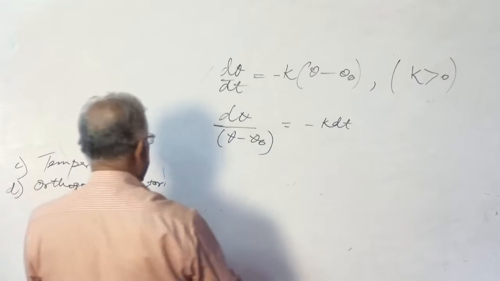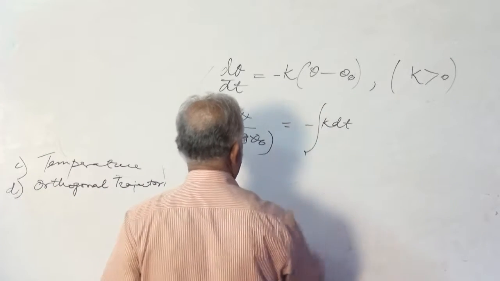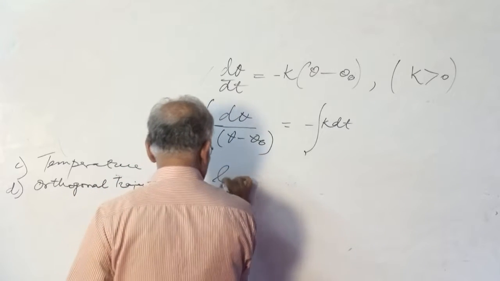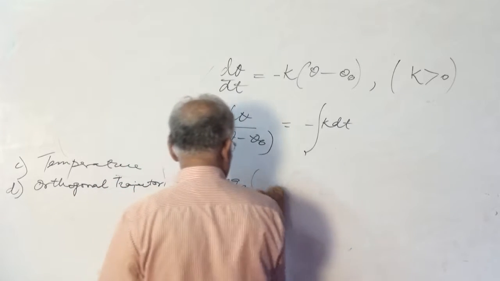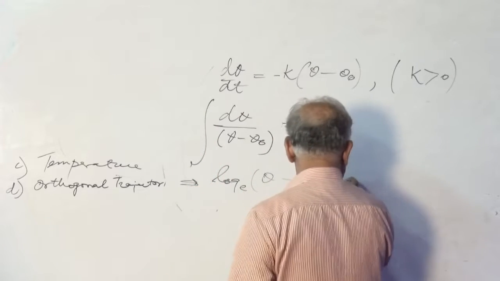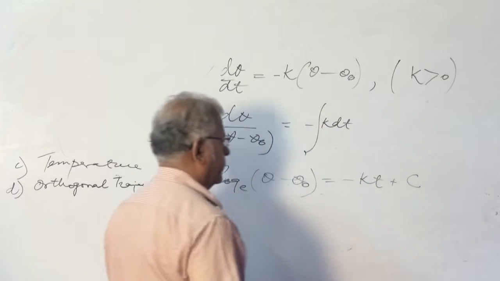If we just integrate this, the next step, we can write this implies log base e of theta minus theta naught is minus kt plus a constant.